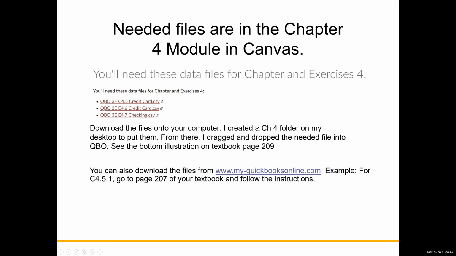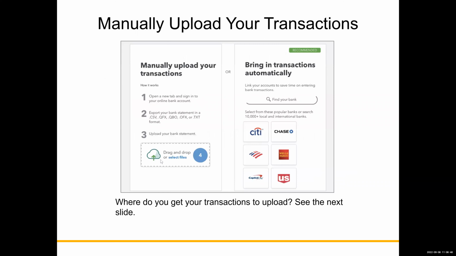I created a Chapter 4 folder on my desktop to put them in, just to keep them in one place. From there, I just dragged and dropped the needed file into QuickBooks. And of course, you can see what that looks like on textbook page 209. Well, I can show you what it looks like. There it is. That's what I'm talking about. You drop it right in there, and then you're good to go.